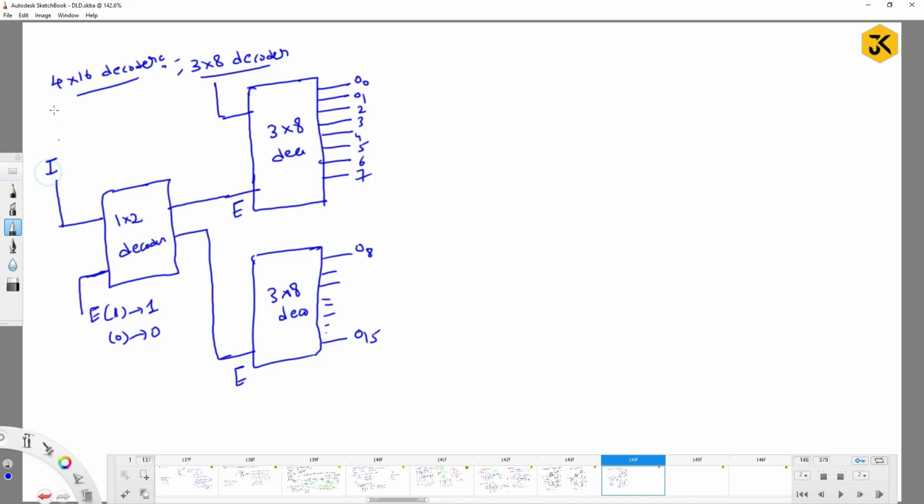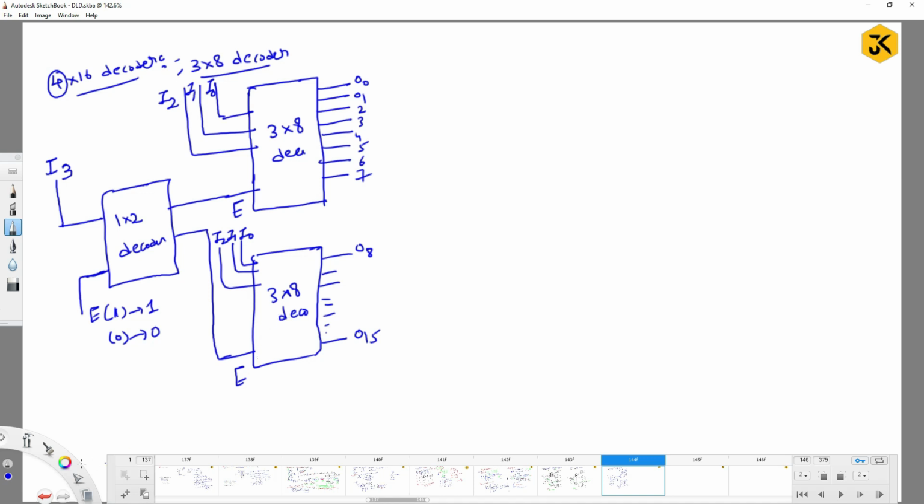If I am going to have 4 inputs, I will name them I3, and as it is a 3 by 8 decoder, how many inputs do you have to give? 3 inputs. So I will make it I2, I1 and I0. Similarly, here also I will make the same connection, I2, I1 and I0, right? Make sure that this circuit works as per your requirement. So this is the way you can implement a 4 by 16 decoder using a 3 by 8 decoder, right?